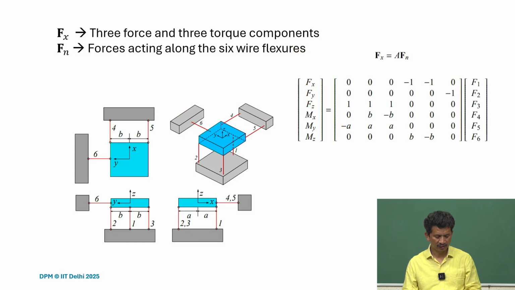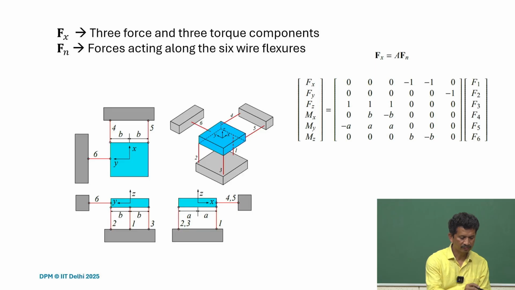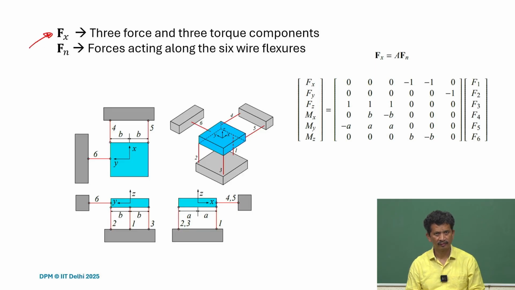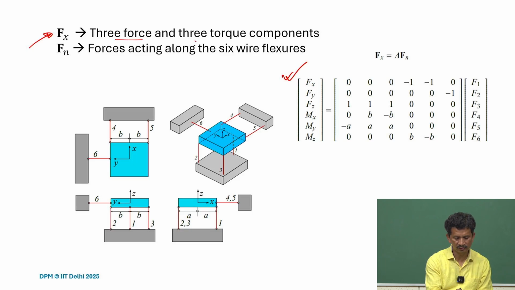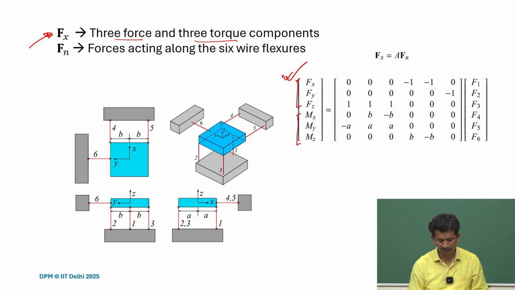So when we do that and try to summarize, what we are saying is that bold Fx is the column vector, and it includes all the three forces and the three torque components. So Fx, Fy, Fz, and the torque components Mx, My, Mz.